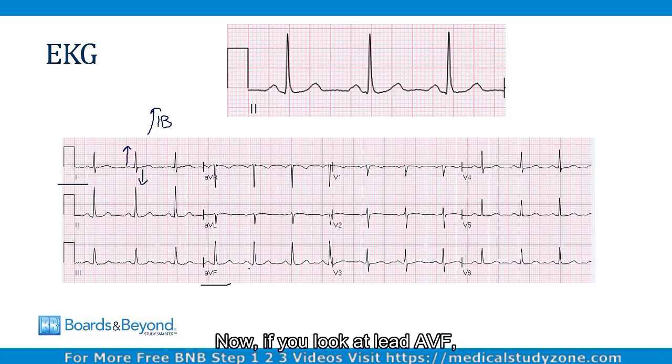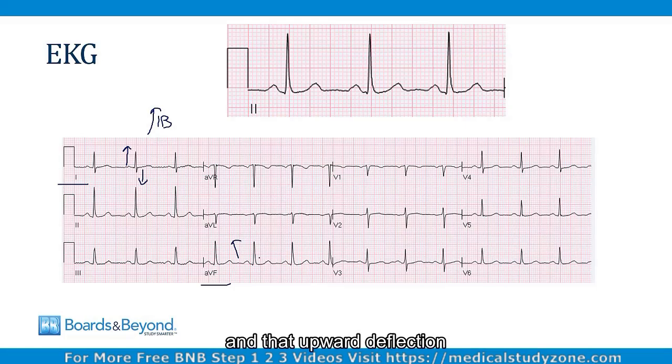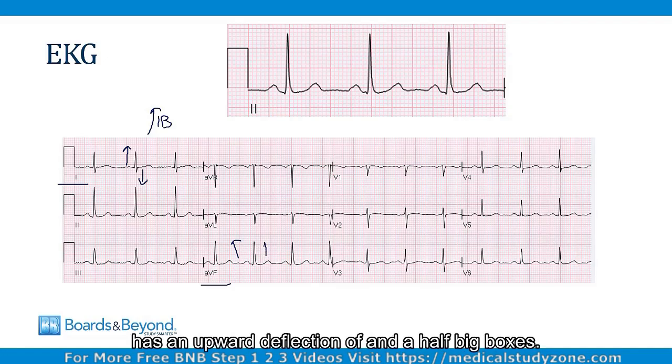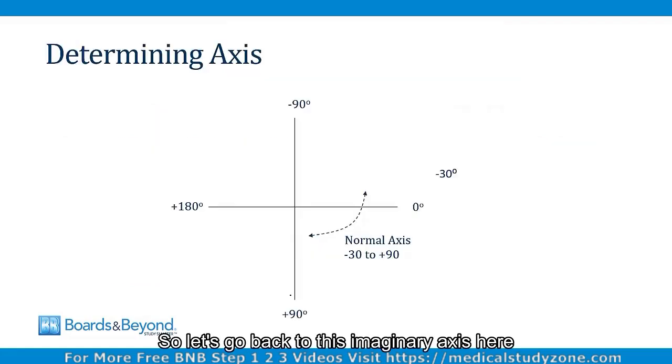Now if we look at lead aVF, we can see that it has only an upward deflection, and that upward deflection is about 2.5 big boxes. So we're going to say that lead aVF has an upward deflection of 2.5 big boxes. Once we know the overall vector of lead 1 and lead aVF, we can determine the QRS axis. So let's go back to this imaginary axis here, and the first thing we're going to do is plot the vector of lead 1.